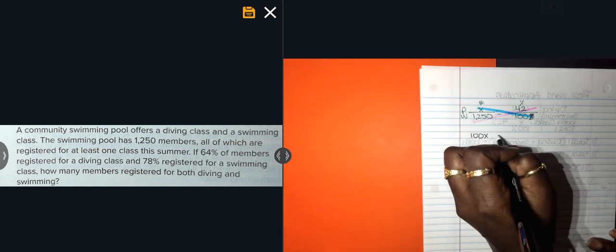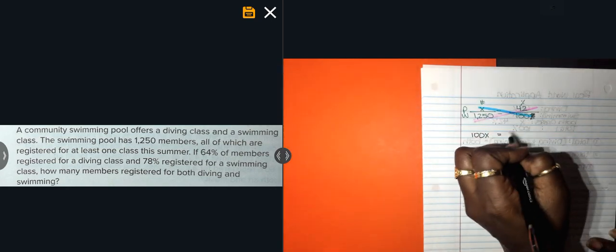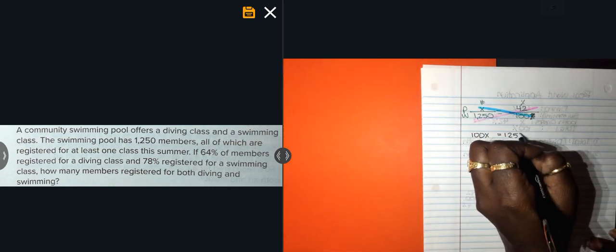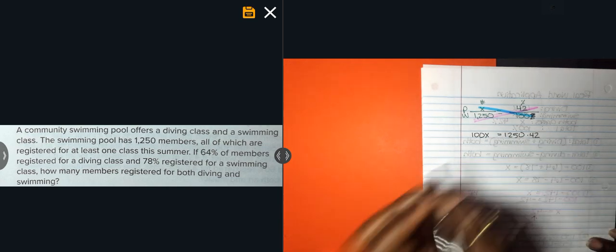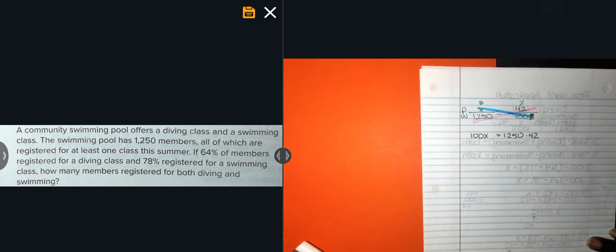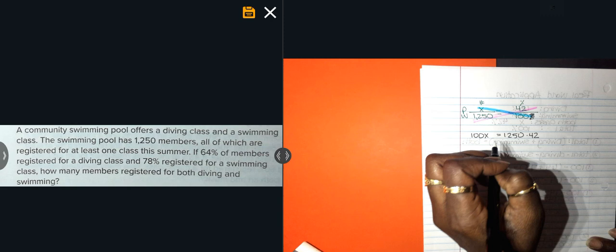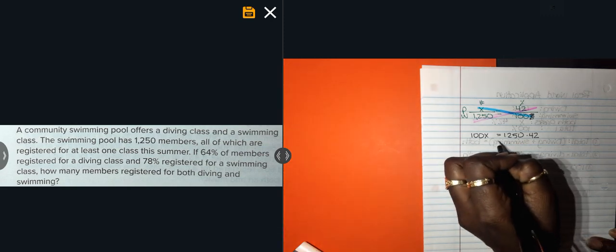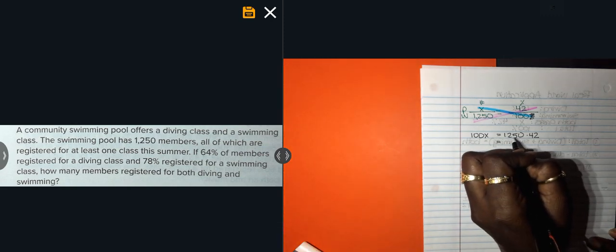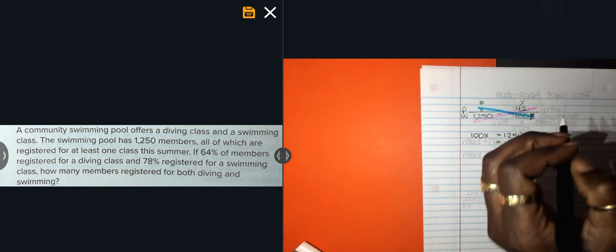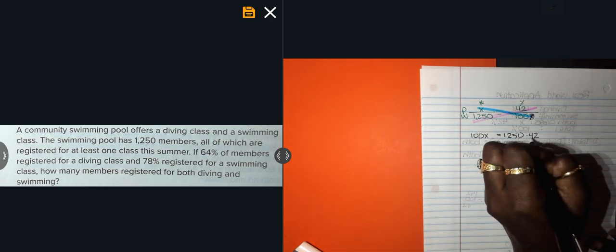And on the right-hand side, we have 1,250 times 42. And then let me simplify this side, 1,250 times 42.